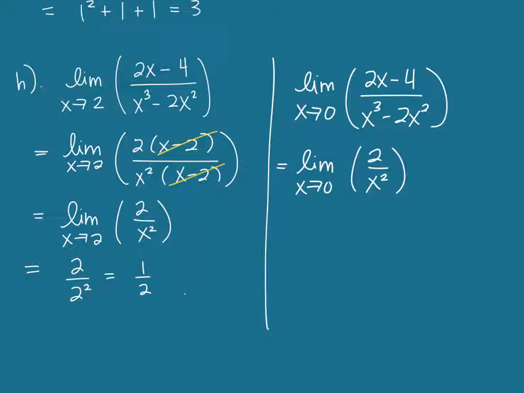Can I plug in 0 this time? I still can't. Last time I could plug in the number 2 because the factor of x minus 2 factored away, but I still have a problem here. So then you're going to have to separate this into, okay, I can't plug in 0, but I could plug in 0 minus, and I can't plug in 0, but I can plug in 0 plus.